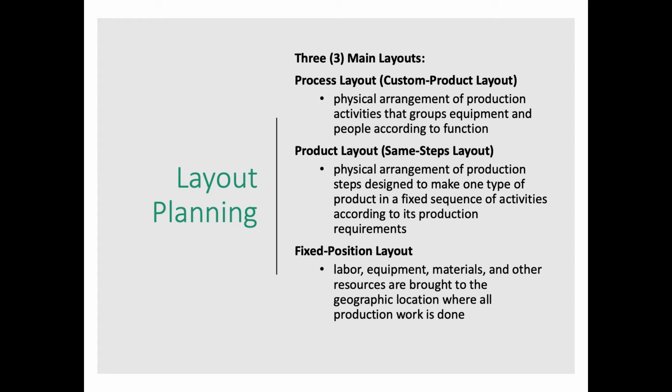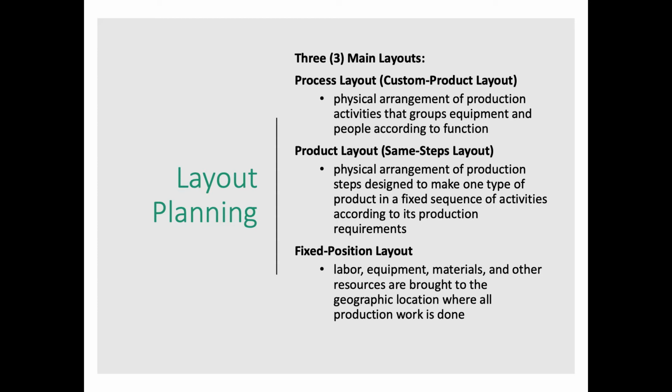And then there is the less common, but the third layout choice, which is known as the fixed position layout, where labor, equipment, materials, all the resources are brought to one location where all the production work is done. Okay, so those are the three options.